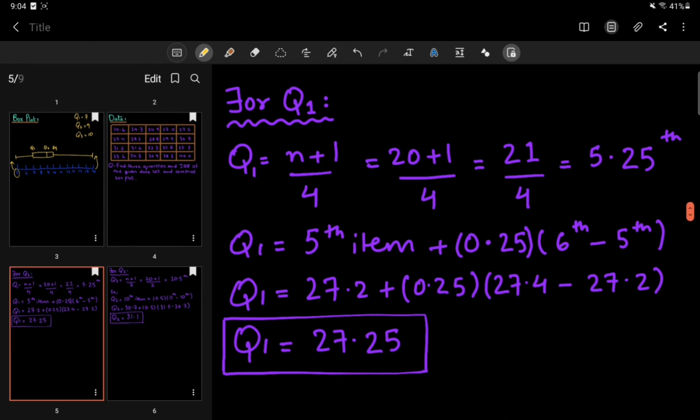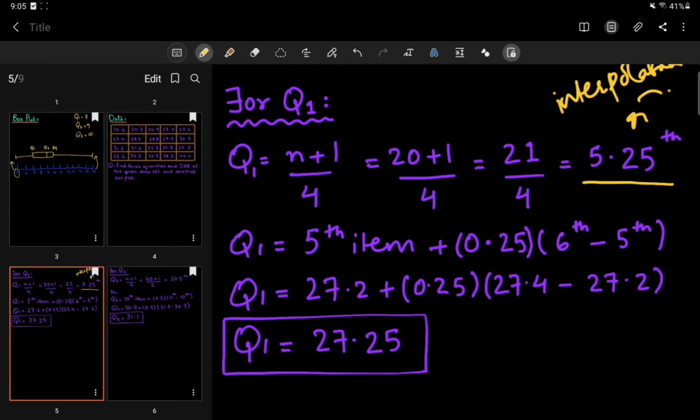So for quartile 1, the formula is (n plus 1) divided by 4. We have put in n, which is 20, and we got the value 5.25. We know that it can't be used directly, so we have to use interpolation. With this, we can find out the quartiles.